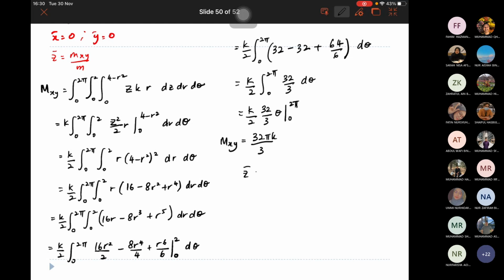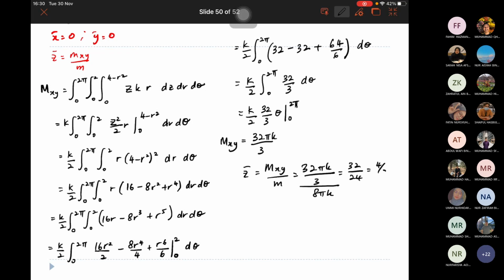So z bar akan sama dengan moment of the XY divided by the mass. 32 pi K dibahagikan dengan mass tadi 8 pi K. Dapat sama dengan 32 per 3 dibahagi dengan 8 pi K. 32 per 24.